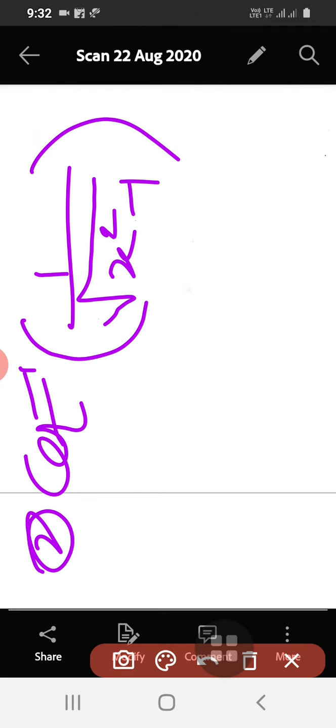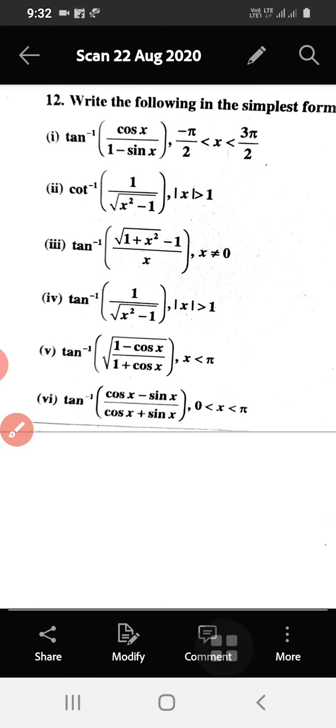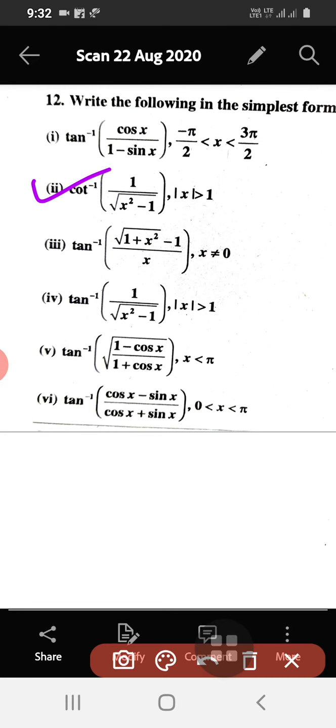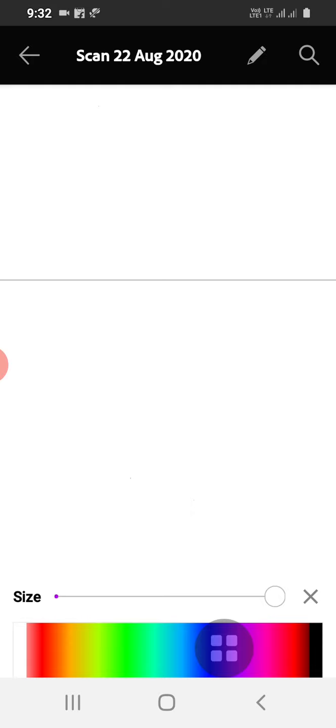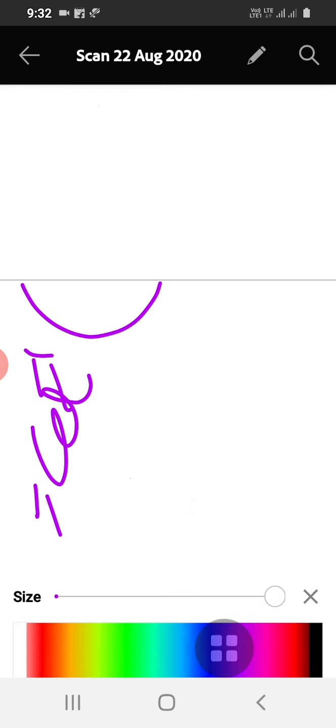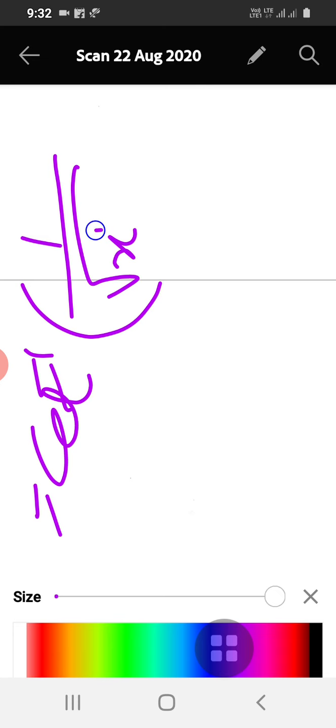Okay, this is the expression. So here I am considering the second problem, cot inverse of 1 by square root of x square minus 1.